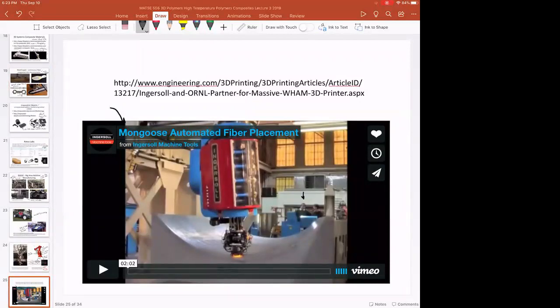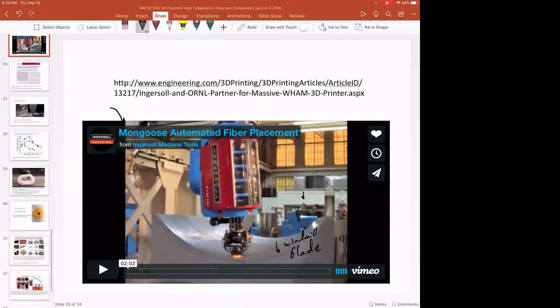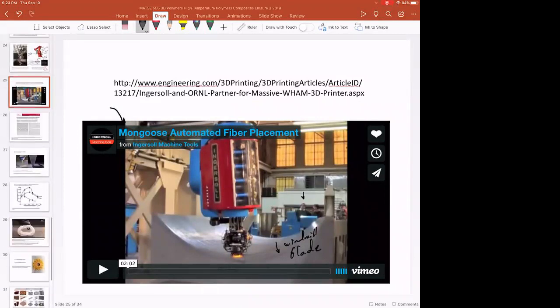This is a mandrel for a wind mill blade. And this big machine, I'm not going to run the video, but you can take a look at it in your own time. This big machine is laying down continuous carbon fiber or doing automated fiber placement at large scale.